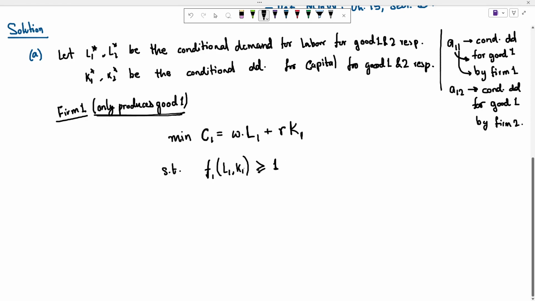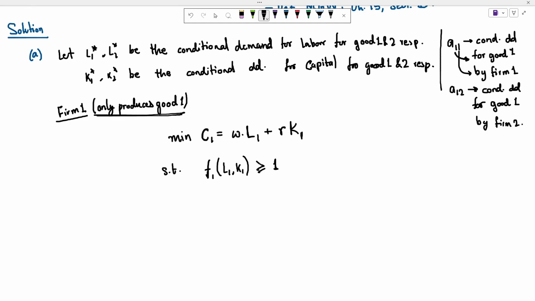Now, we'll have to form the Lagrangian here, and the Lagrange multiplier should be positive. So by the KKT conditions and the complementary slackness conditions, we are going to get that the constraint should be binding, so the constraint should hold with an equality sign.